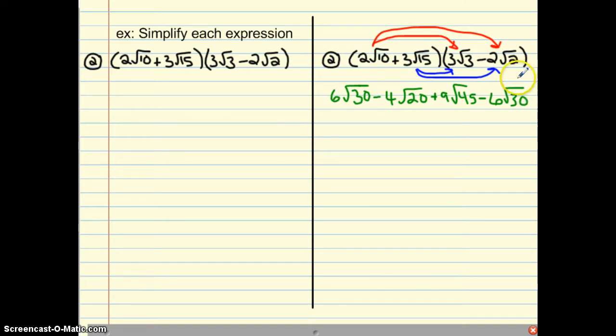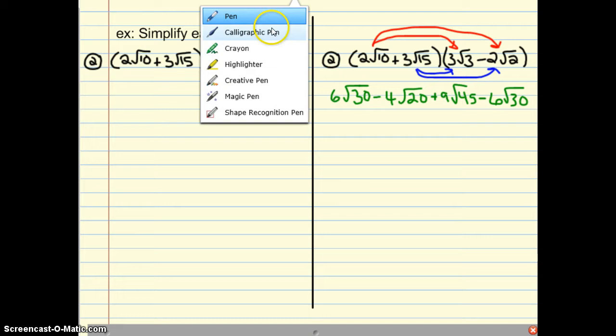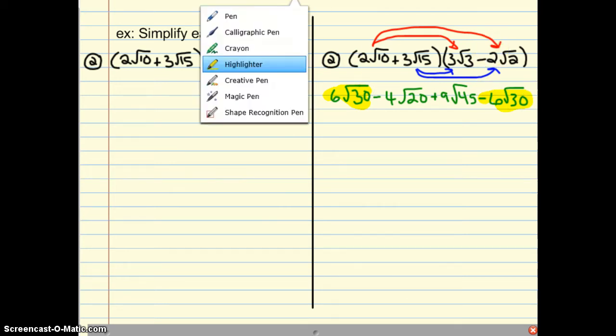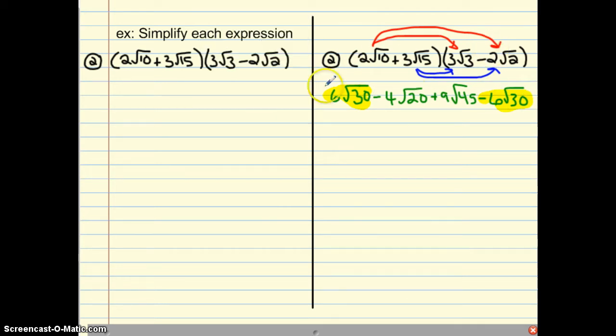And for me, right away, the thing that I want to notice, because I'm lazy and I want to stop writing this, is if I have positive 6 root 30 and negative 6 root 30, those are going to cancel out. So let's oust these, shall we? That makes this a lot easier to look at. Okay. So we're going to simplify here.